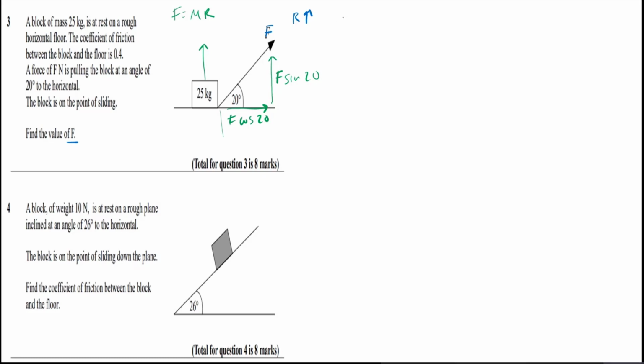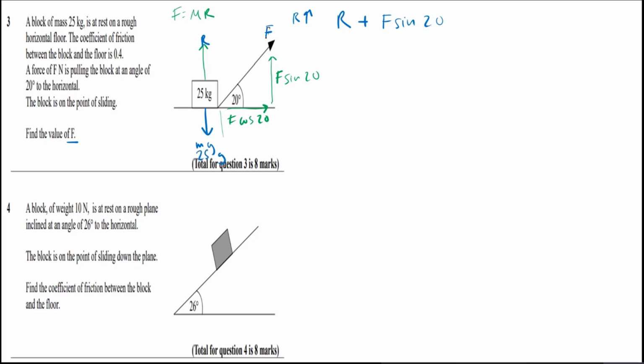But let's just see what steps you would have got, because that's an 8-mark question, it says here. So, resolving vertically, we're going to get, obviously there's an R here, plus F sine 20. Now remember, we're going to have this mg, that's why labelling is important. But it's 25, so it's 25g.